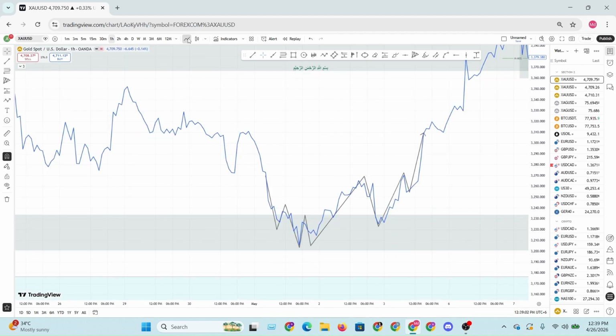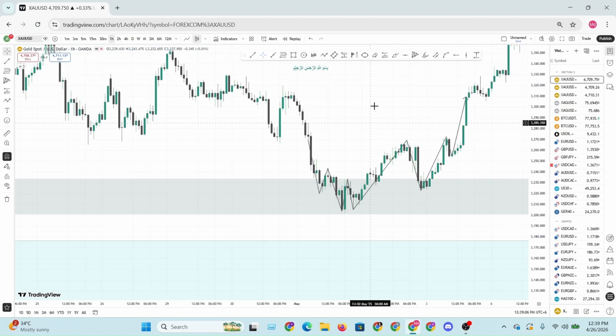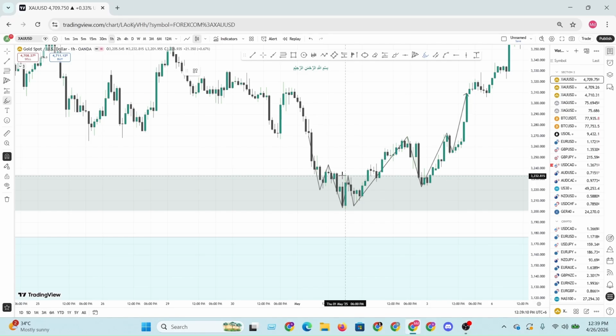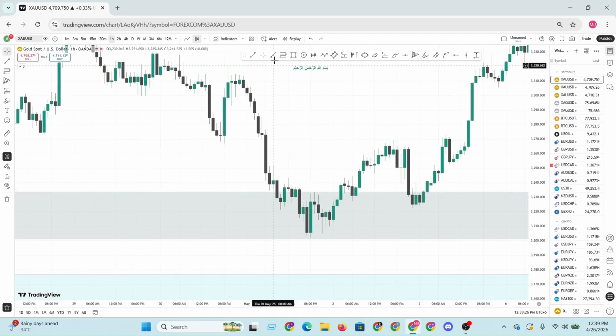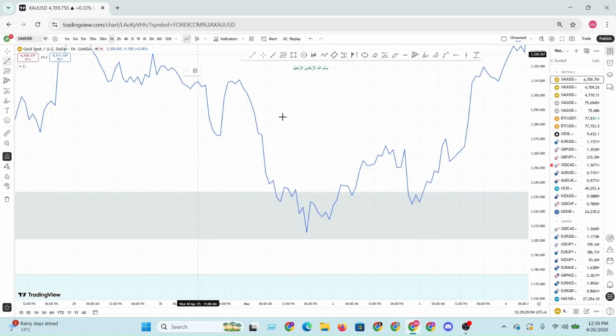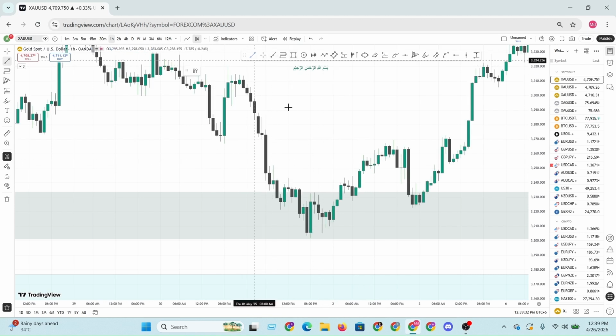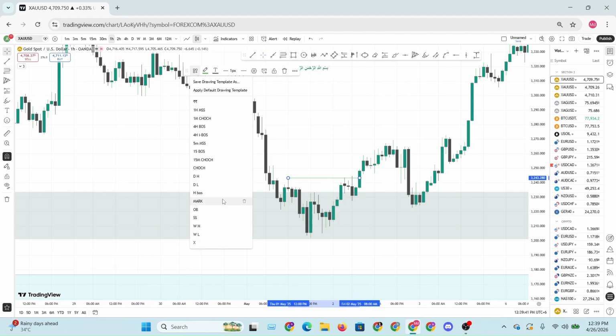See, the market shifted this level, this level, left side. This is our MSS. The market gave the MSS in 1 hour, H1.